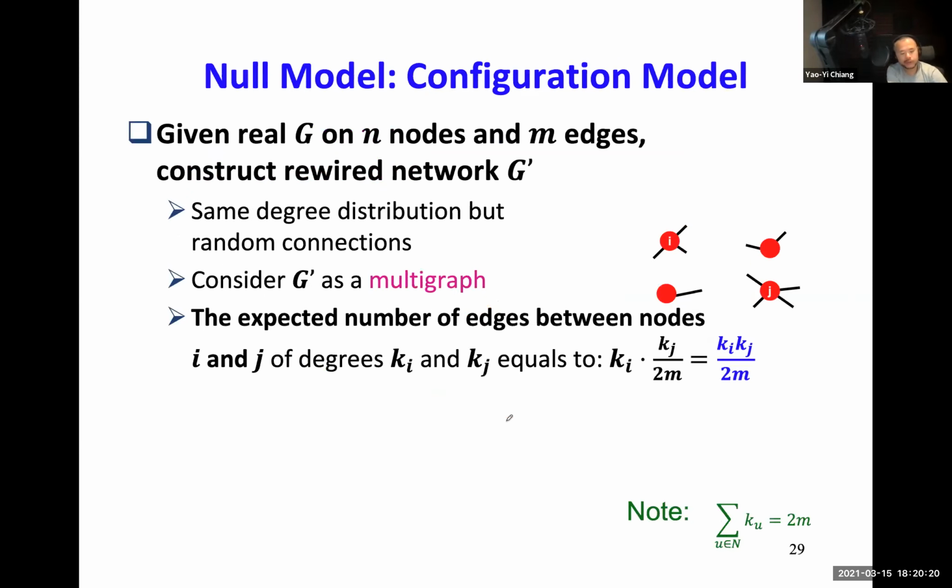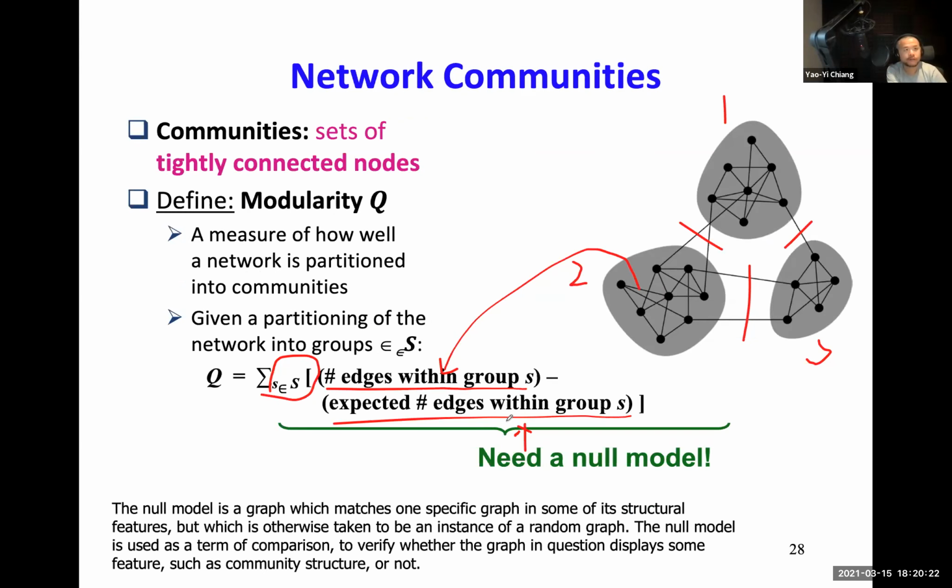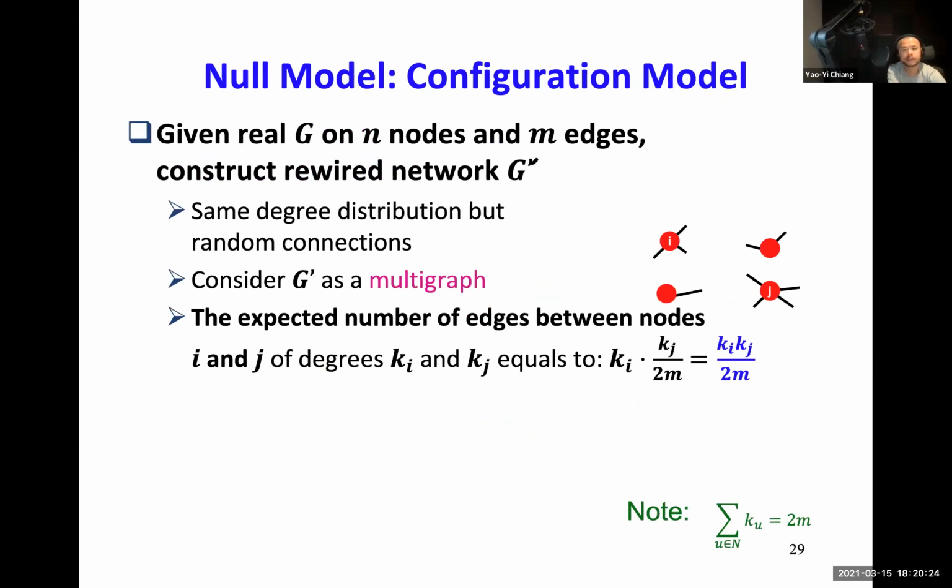So how do we estimate this? This means we need a null model of your graph. So let's look at a null model. What is the null model? Given a real graph on some edges, we want to be able to construct a rewired network. Well, the term rewired here has a special meaning.